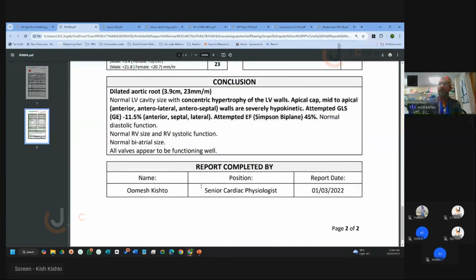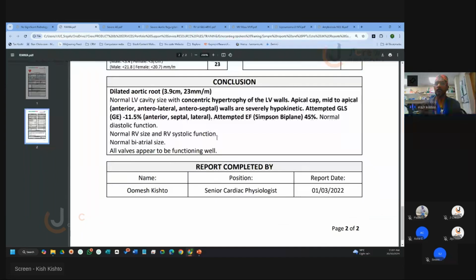So dilated aortic root, like we said, by index to height, concentric hypertrophy, and then I mentioned the regional motion abnormalities and my LV function. RV was normal, biatrial normal, and all the valves appear to be functioning normally.